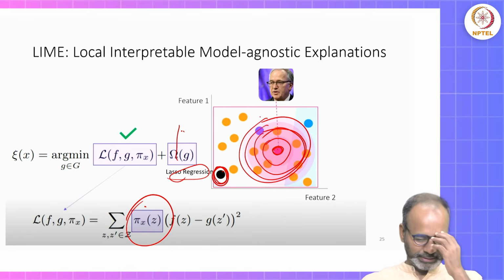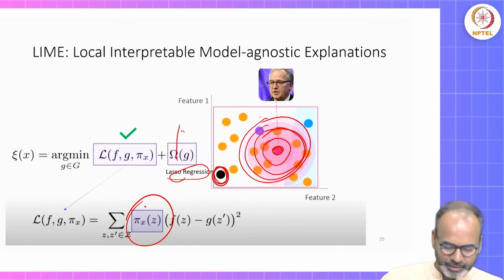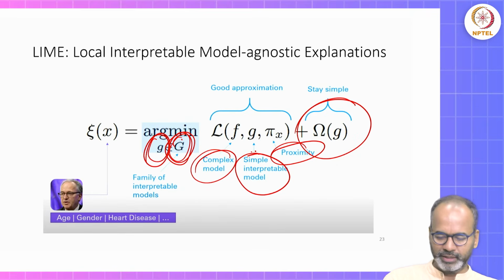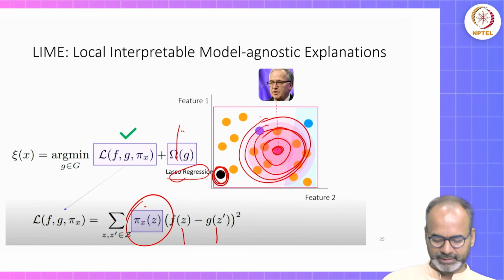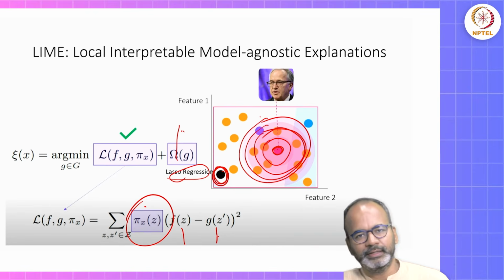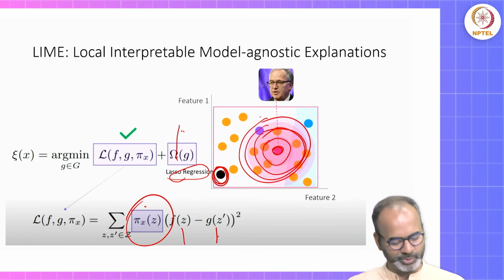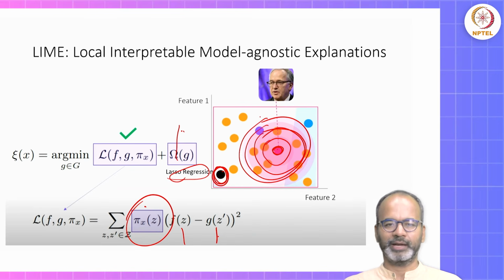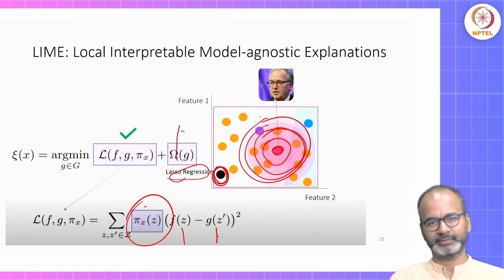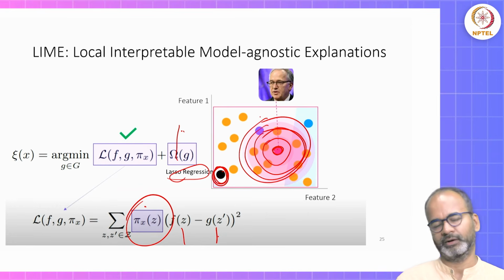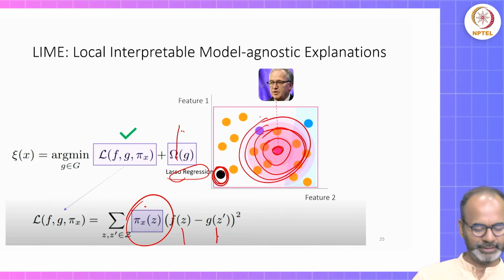Right, so this is, if you look at F and G, F is the complex model, G is the simple interpretable model, which is the linear model. That's what this is. Right, it's just looking at the distance and squaring them and adding a weight to it depending on how close it is or how far it is, right?